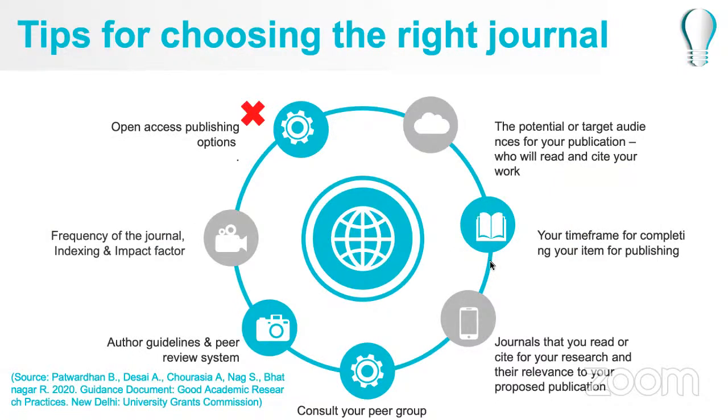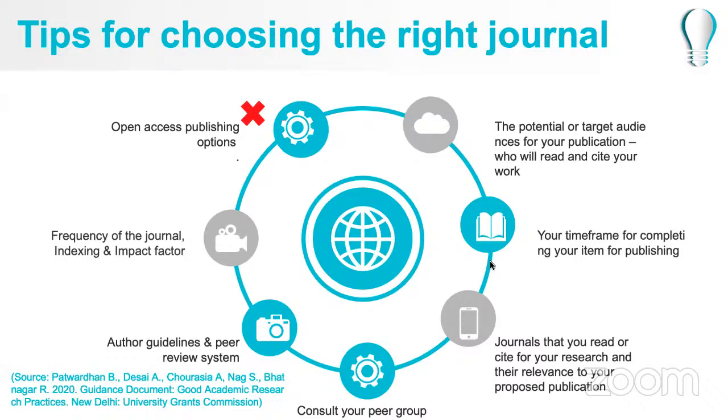Okay, tips for choosing the right journal: the potential or target audience that you have to check. Then what is the time frame for completing your item for publishing? Let's say it is a quarterly journal, you have to think about which months that particular journal is published. Maybe September. If you want your article in September 2022, you should write the article at least from September 2021.